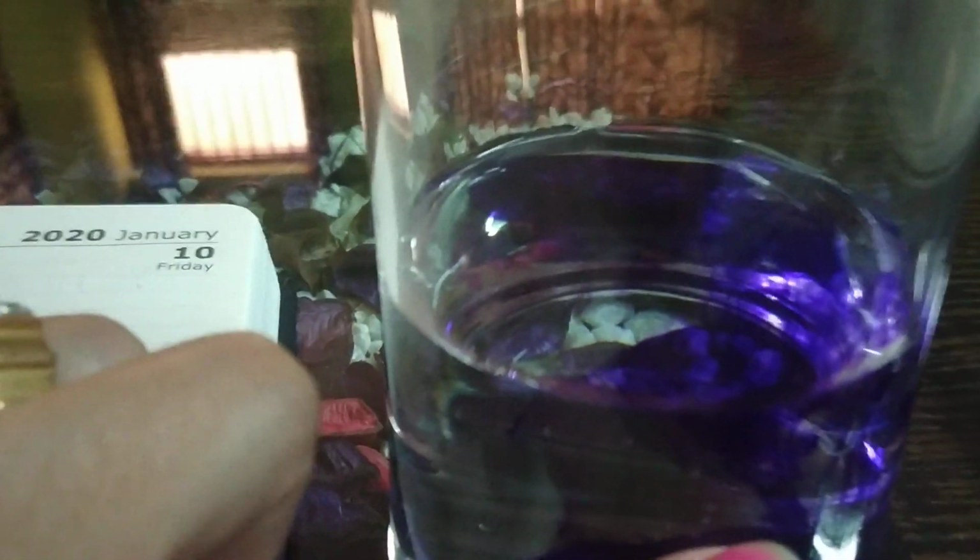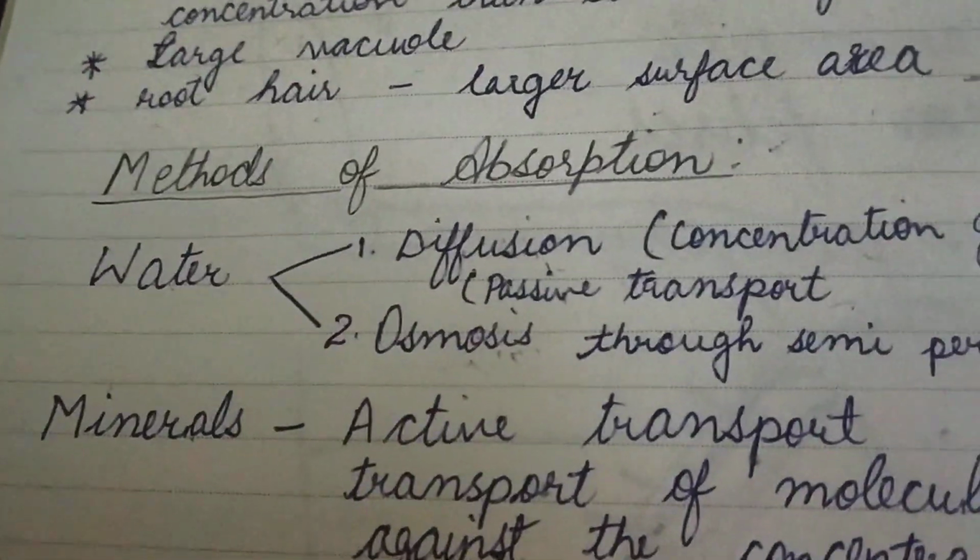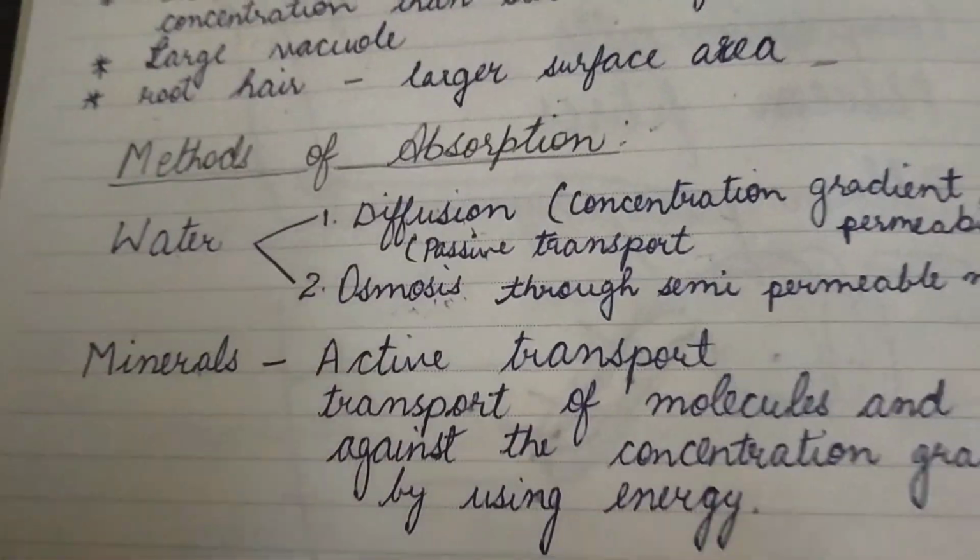So this is diffusion happening. This is not osmosis, this is diffusion, because no membrane is there in between the ink which we have added and the water.